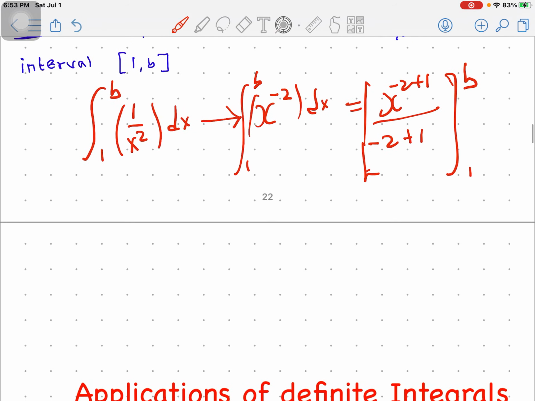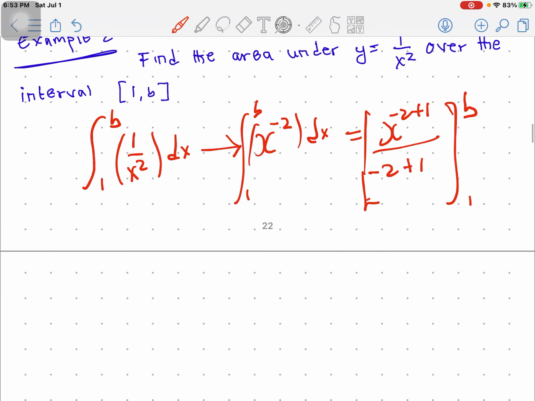Simplifying this, we get x power negative 1 over negative 1, from 1 to b.